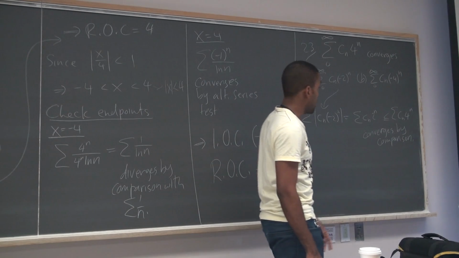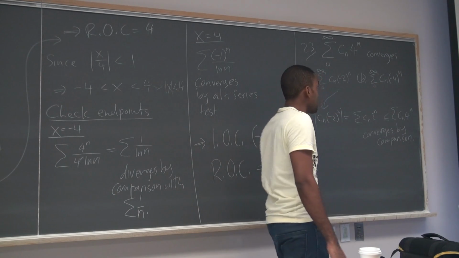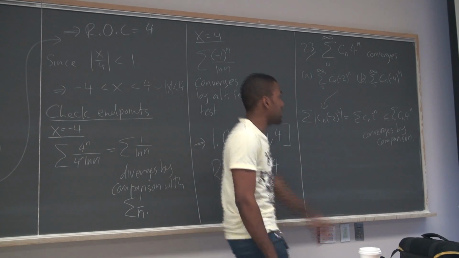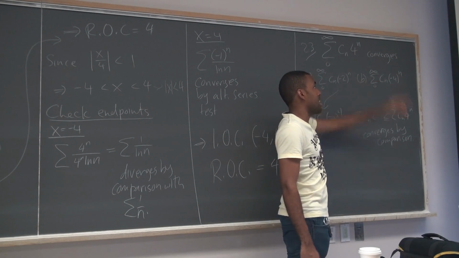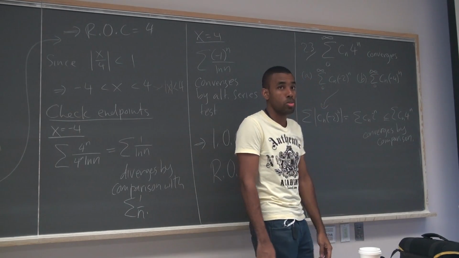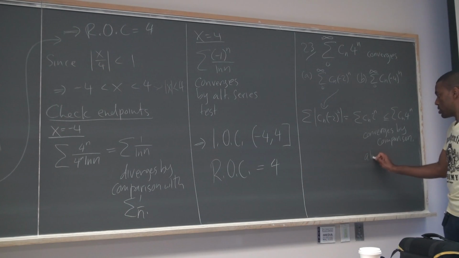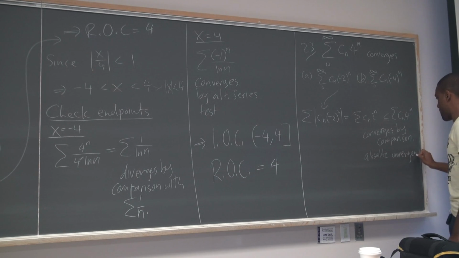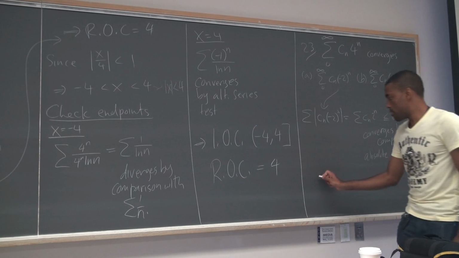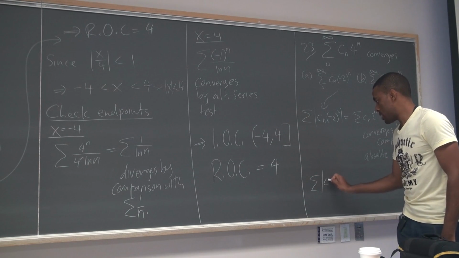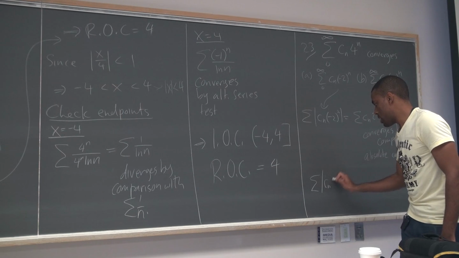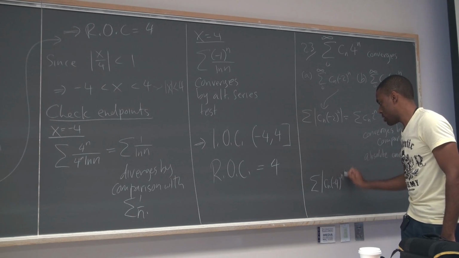I'd use comparison. I'd also compare with this. Right? Because this in absolute values is exactly that. So actually both converge absolutely. Right? So we have absolute convergence. Same thing if I take absolute values of Cn minus 4 to the n.